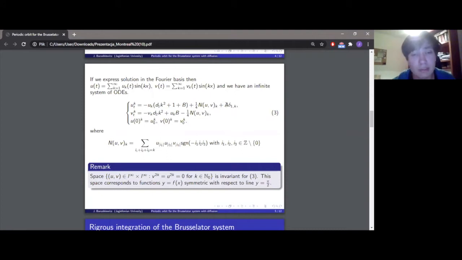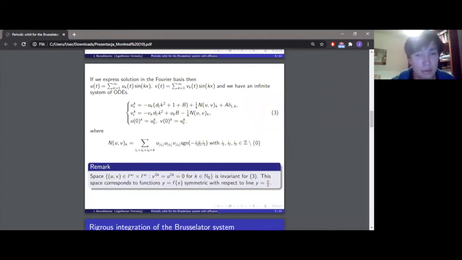On the first mode of u we have forcing that comes from one of the reactions, and this nonlinearity has the form of a sum over integers that sum to the mode we are considering, with some sign.